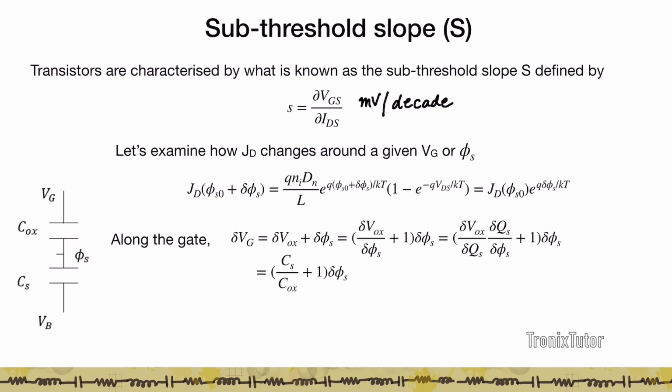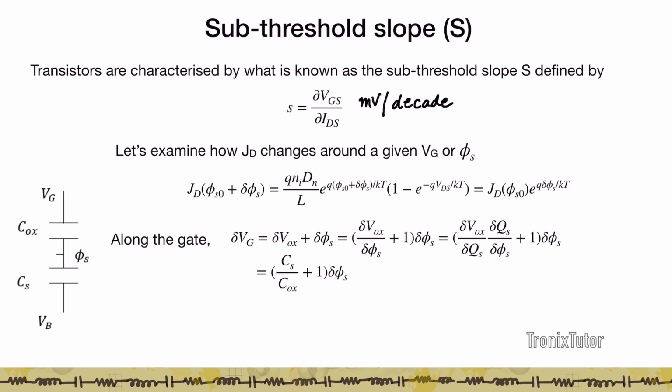So if this V_G increases slightly, some of the increase is going to be taken by the oxide and some of the increase is going to be taken by the semiconductor side. Therefore, I can write delta V_GS as some delta V_ox plus some delta phi_s. It's this capacitive division. That's why not all of the V_G change reflects in the semiconductor, because some of it has to drop across the oxide.